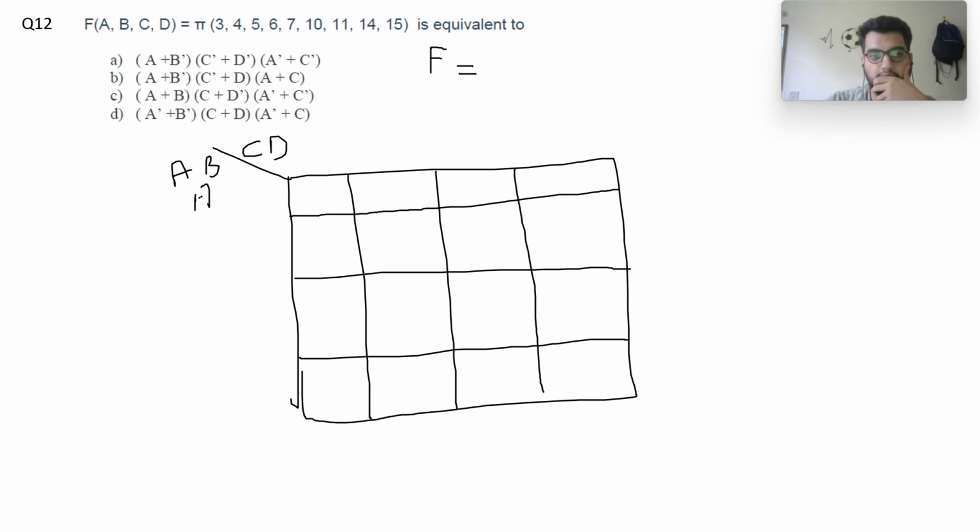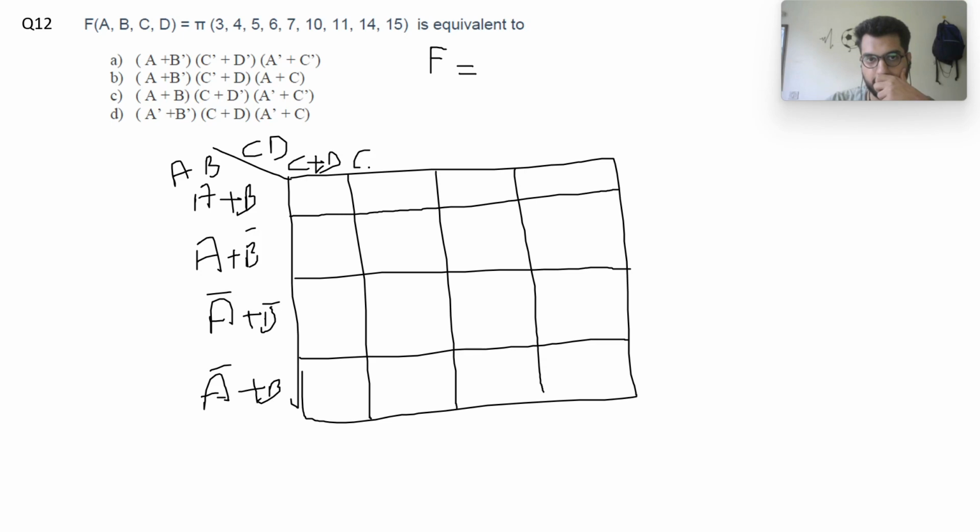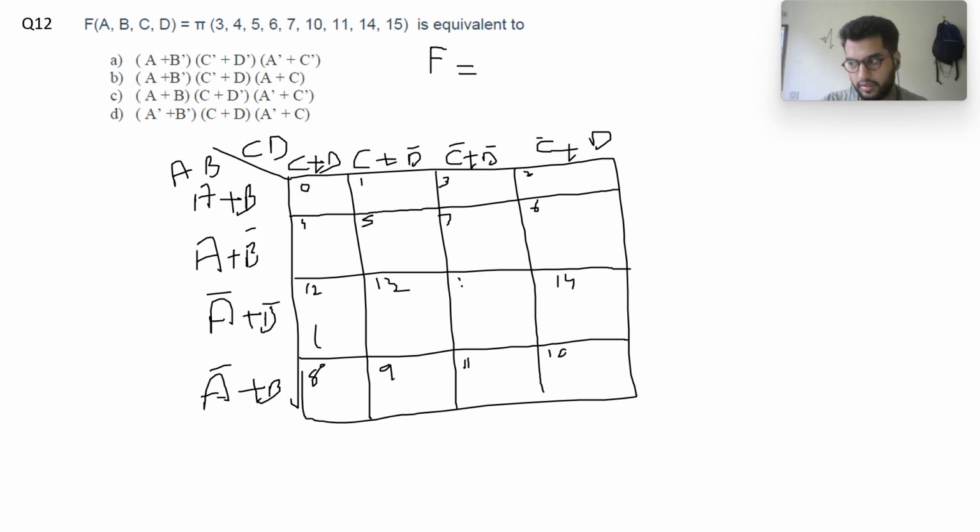So this is A plus B, this is A plus B bar, this is A bar plus B bar, and this is A bar plus B. Similarly, this is C plus D, this is C plus D bar, this is C bar plus D bar, and this is C bar plus D. So this is 0, 1, 3, 2, 4, 5, 6, 7, 8, 9, 10, 11, 12, 13, 14, and 15.